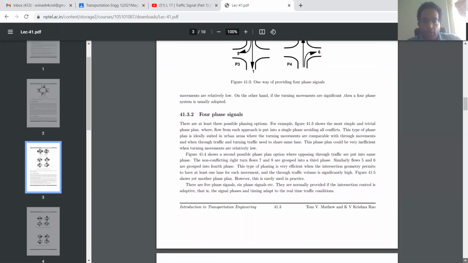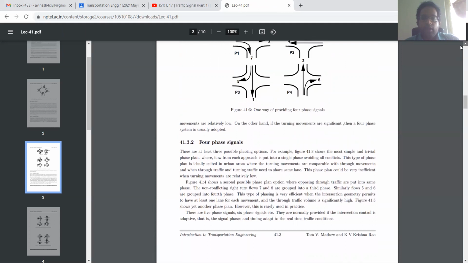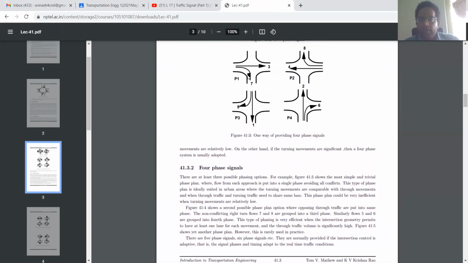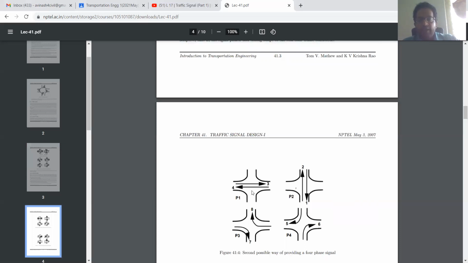There is another option also available for a four-phase signal. In this one, opposing traffic is also put into the same phase. But in the earlier phase plan, opposing traffic is not put into one single phase. Only through traffic and permitted right movement is put in a single phase. Now observe the other diagram. Here you can see that phase 1 will be indicating that traffic movement 3 is coming from this intersection and moving to this stretch, and traffic 4 is moving in the opposite direction.